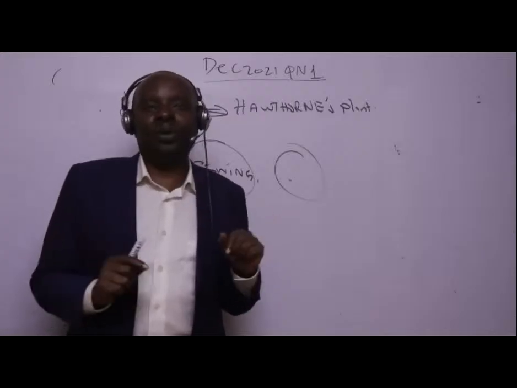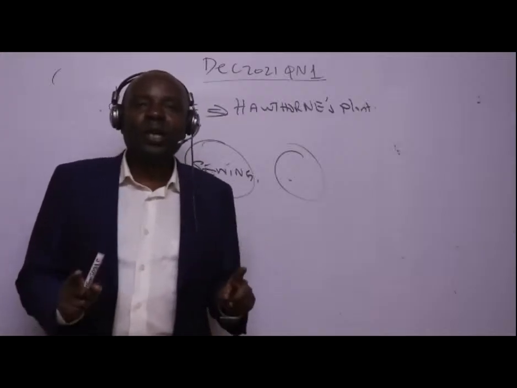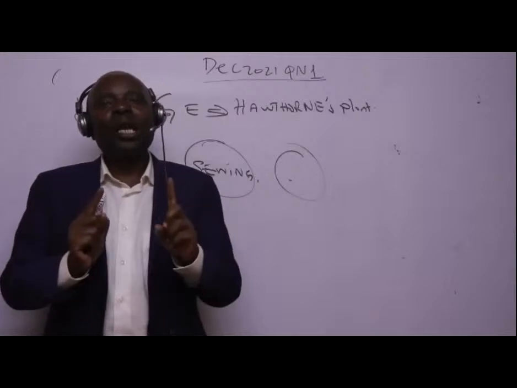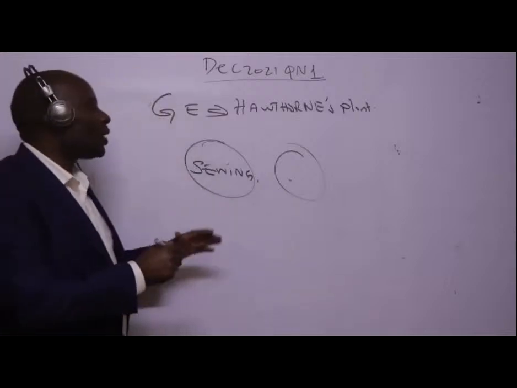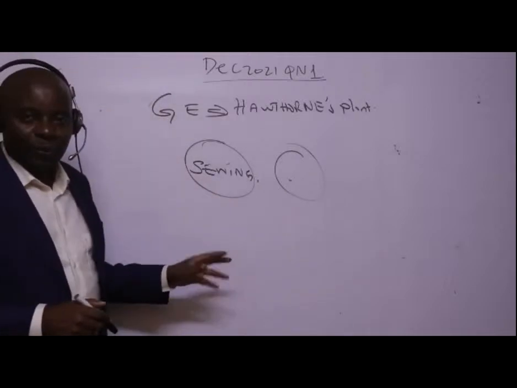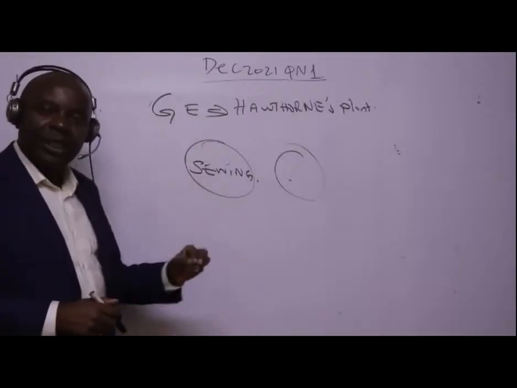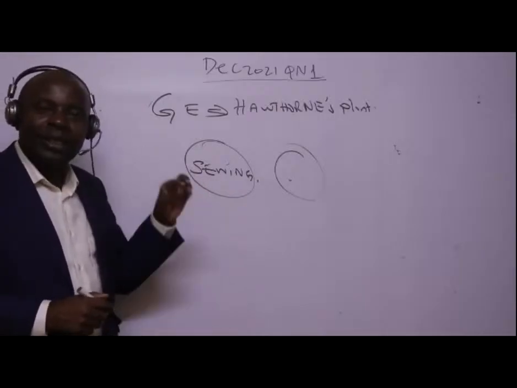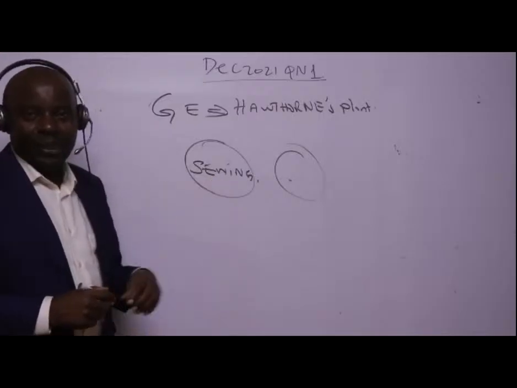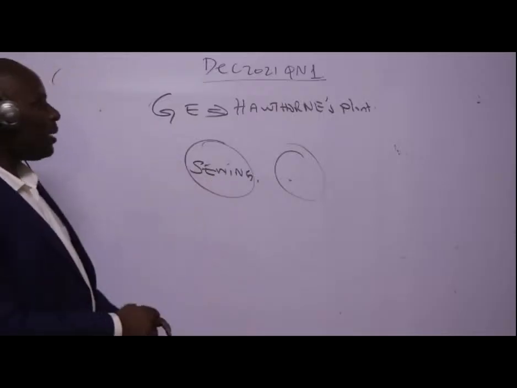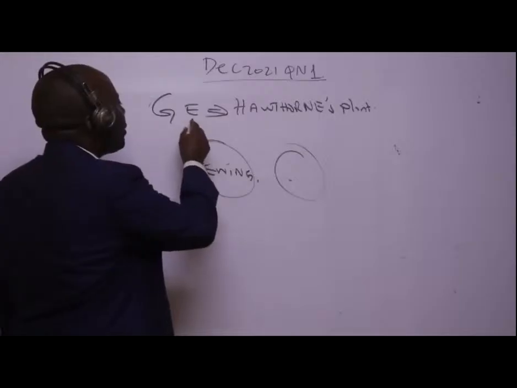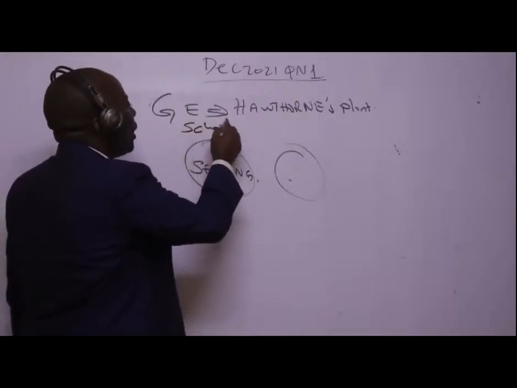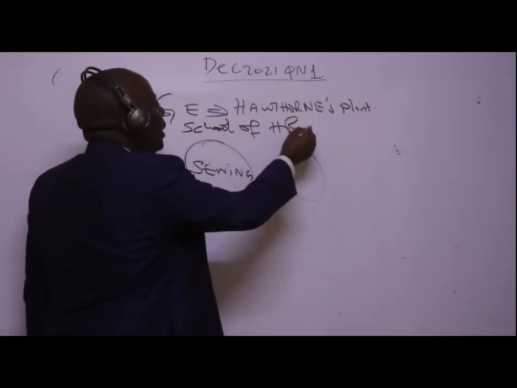It's now contemporary. We call this the School of Human Relations. What matters most is not the money that you're paying these people. It is respect. It's involving these workers. It is incentivizing them. It's recognizing them. So he came up with what we call the School of what here?